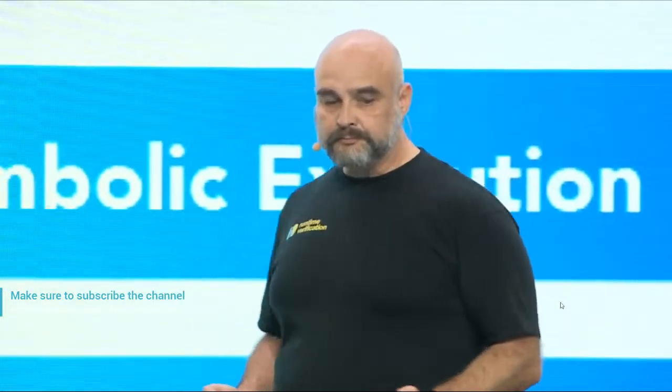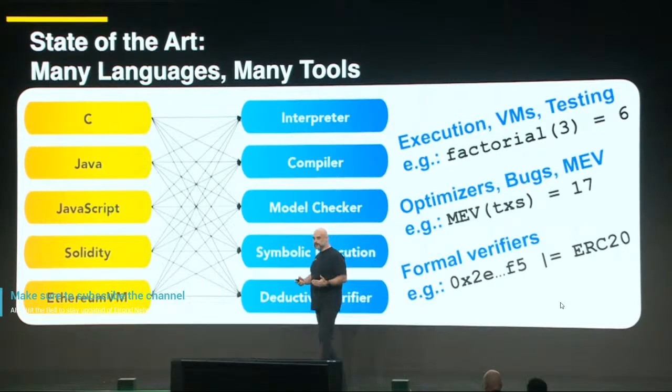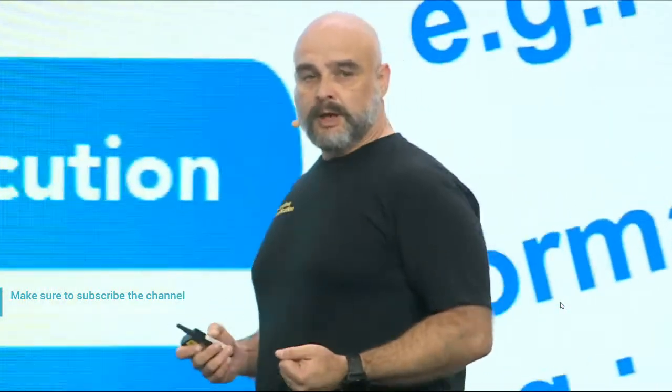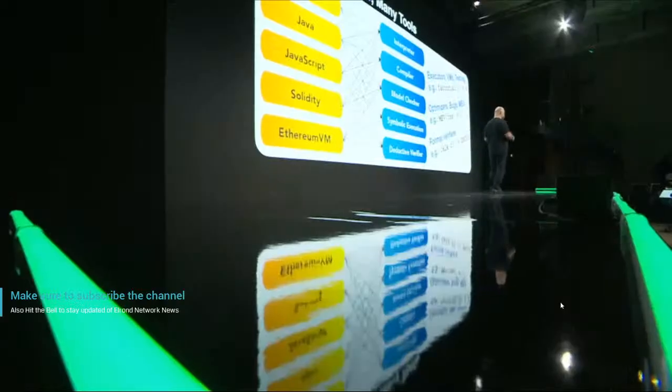We need formal verification tools. And these tools help us execute programs. For example, factorial of 3 equals 6. In order to get that, you need a tool that will take the program and execute it and give you 6. In order to be absolutely sure that a smart contract does what it is supposed to do, that it is correct, you need tools that allow you to prove that. And that's what happens in our field, in the programming language field.